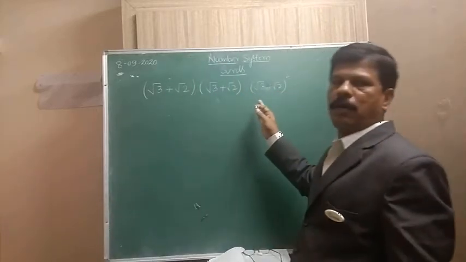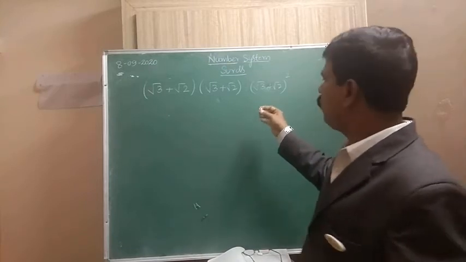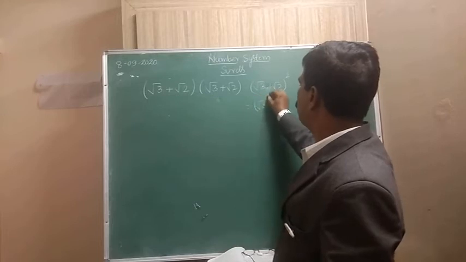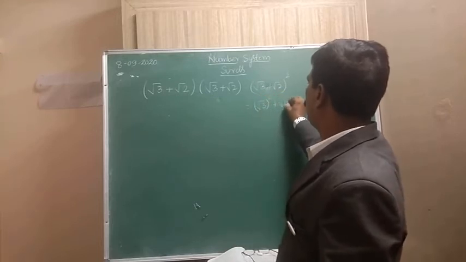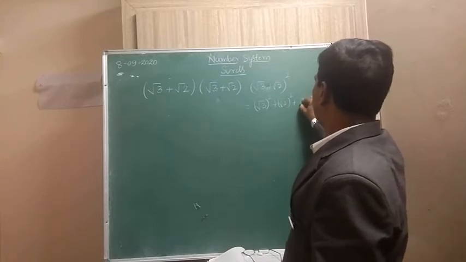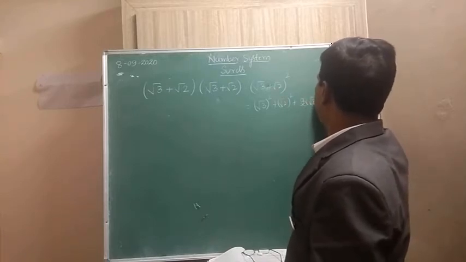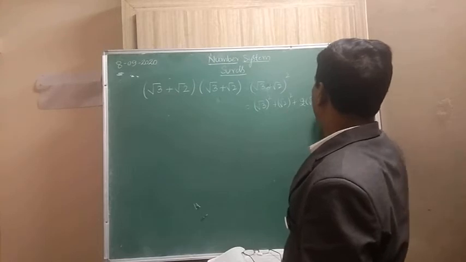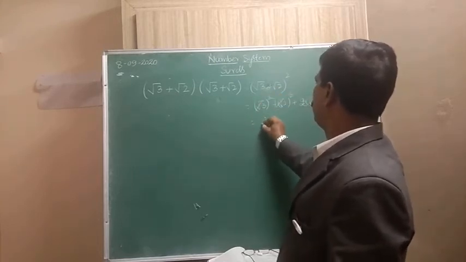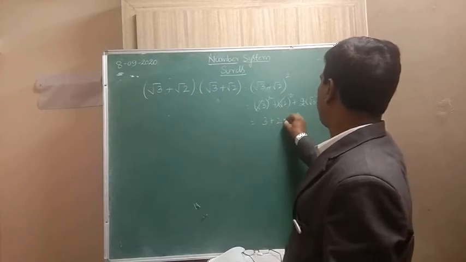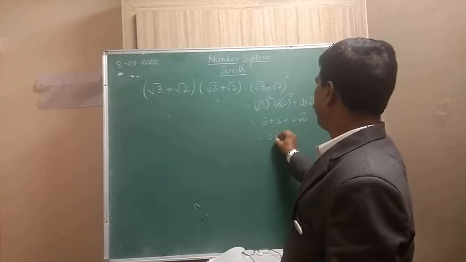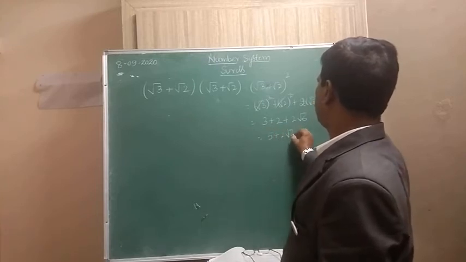Then apply the (a + b) whole square formula: root 3 whole square plus root 2 whole square plus 2 into root 3 into root 2. The square roots get cancelled: 3 plus 2 plus 2 root 6, which is 5 plus 2 root 6.